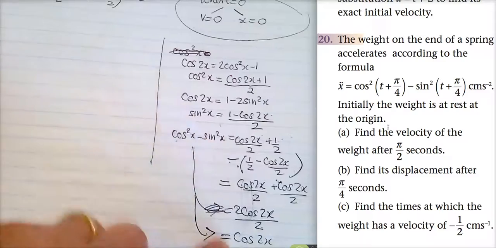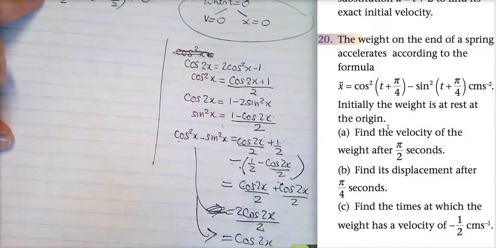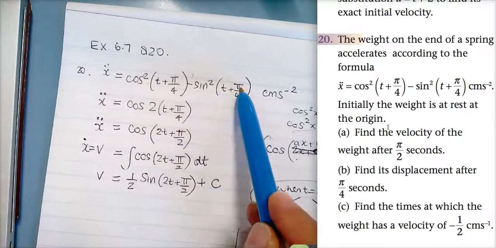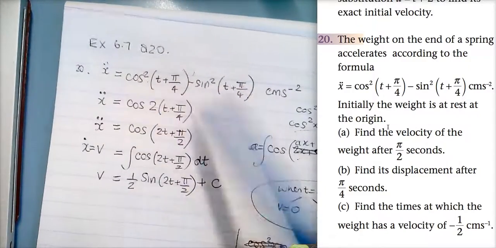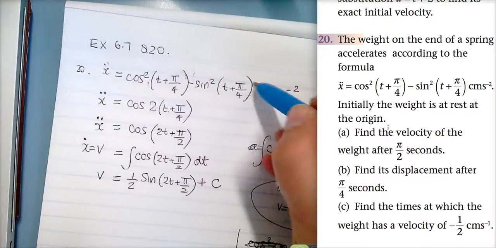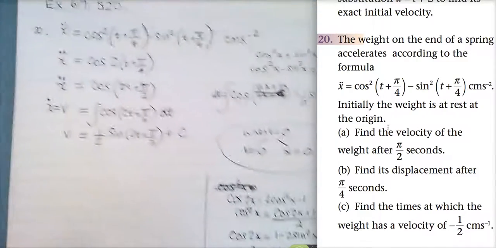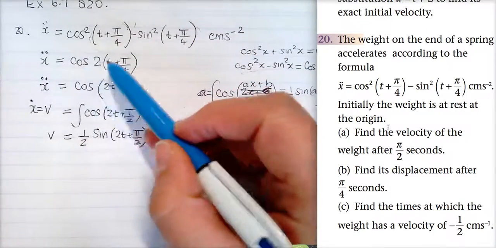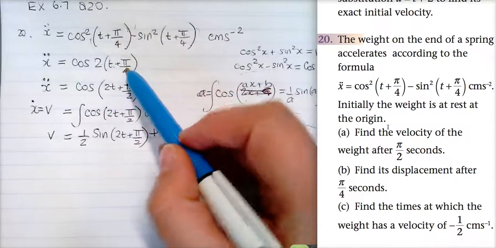So cos squared x minus sine squared x is cos 2x. We've got cos squared of that minus sine squared of that is cos 2 of that. Pretend that that's x and that's x. Got it? Cos squared of something minus sine squared of something is cos of 2 times that something.